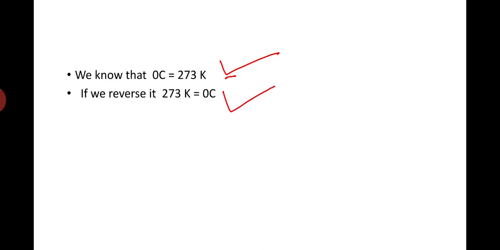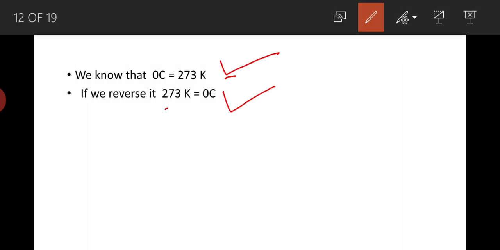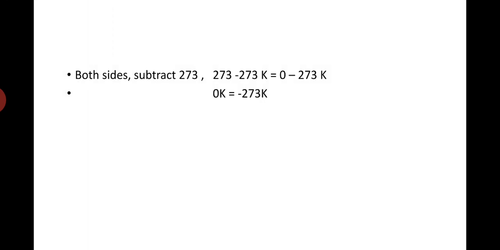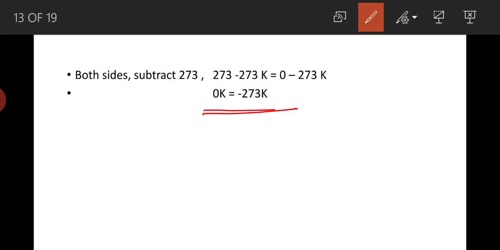Now on both sides you need to subtract 273. So 273 minus 273 is equal to 0 minus 273. Finally, 0 Kelvin is -273 degrees centigrade.